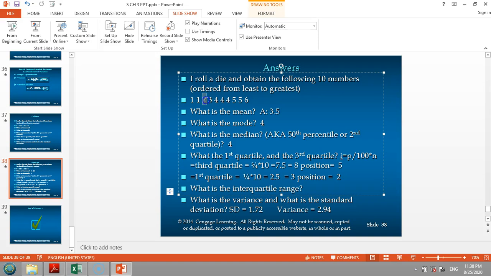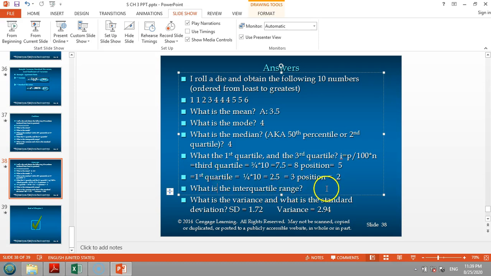So the first quartile is the third position, and the number is 2. Then for the third quartile, P is 75, because there's a 75th percentile. I multiply by n, which is 10, and that's going to be 7.5, and that's in the 8th position here. The 8th position is going to be 5. So I put 5. I round up to the 8th, right?